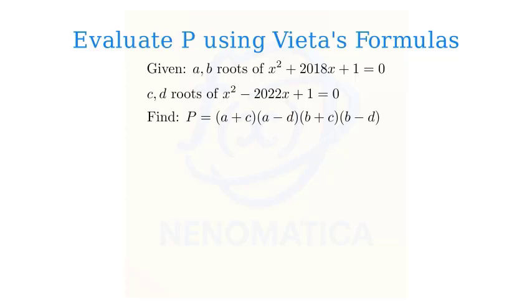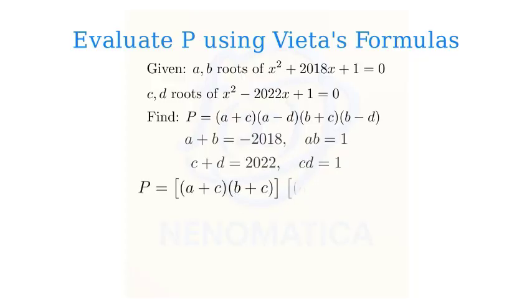We are asked to find p equals (a plus c)(a minus d)(b plus c)(b minus d). First, write the Vieta relations. For the first quadratic, the sum a plus b equals negative 2018, and the product ab equals 1. For the second quadratic, c plus d equals 2022, and the product cd equals 1.